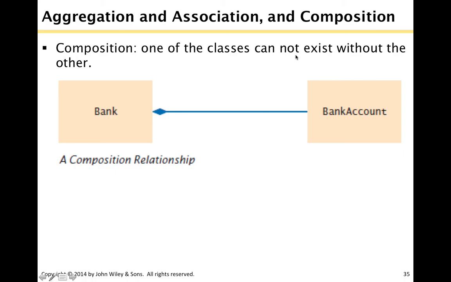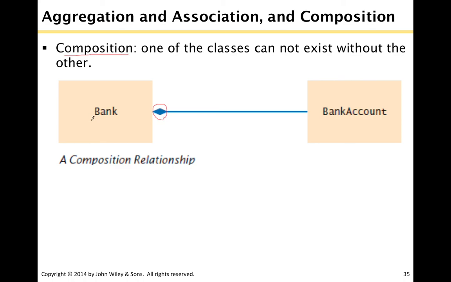So this is composition, which is a special case of aggregation, which means that ownership is exclusive. So instead of a blank diamond, we put a blackened one. You fill it in with a black color. That is a composition.